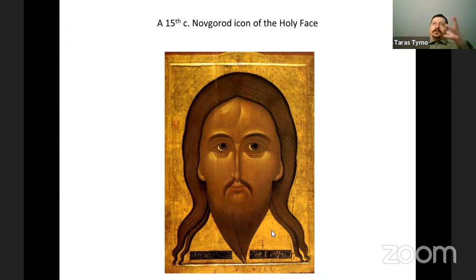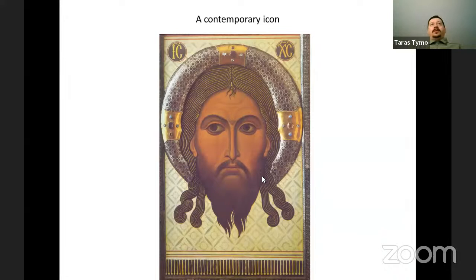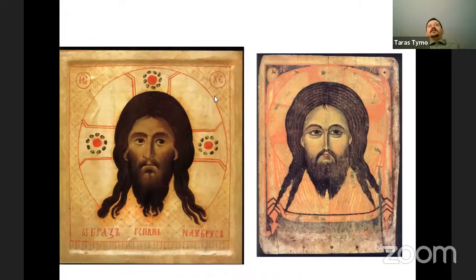Obviously, we have all kinds of artistic stylization playing their role, and many images are losing some traits and gaining other ones, and so on. Again, a contemporary icon that preserves this pattern, the same as here.